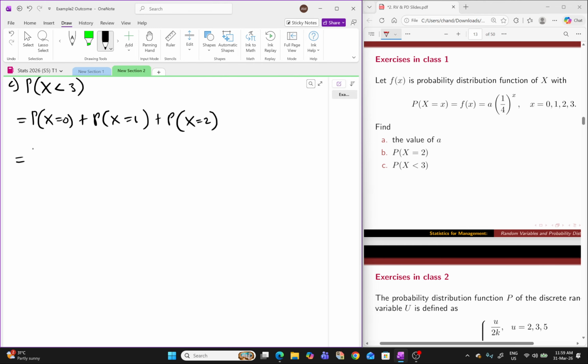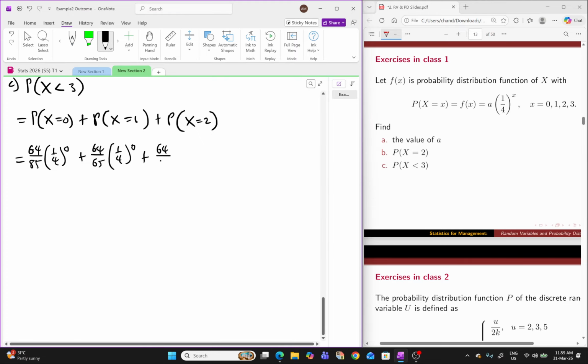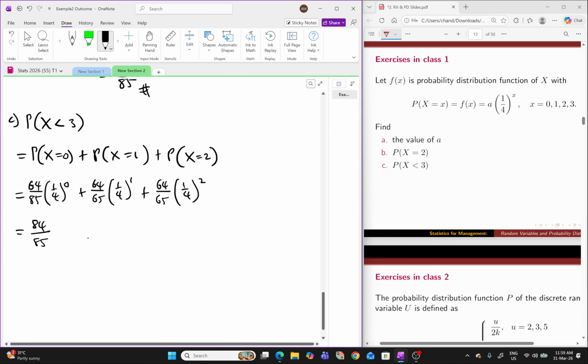So x equal to 0, you replace inside the function. This is method 1.